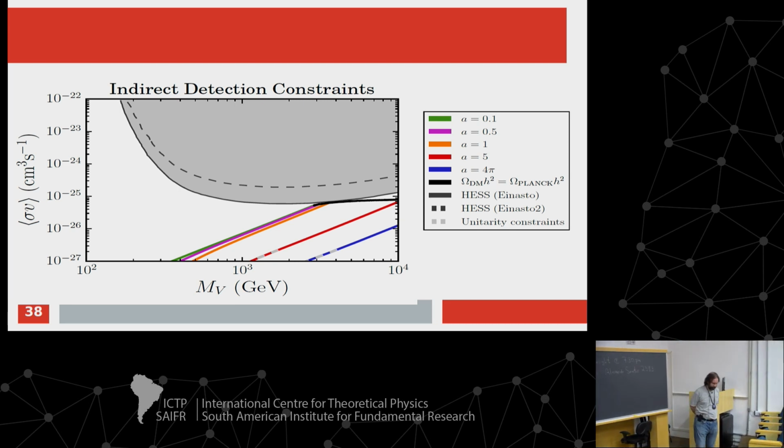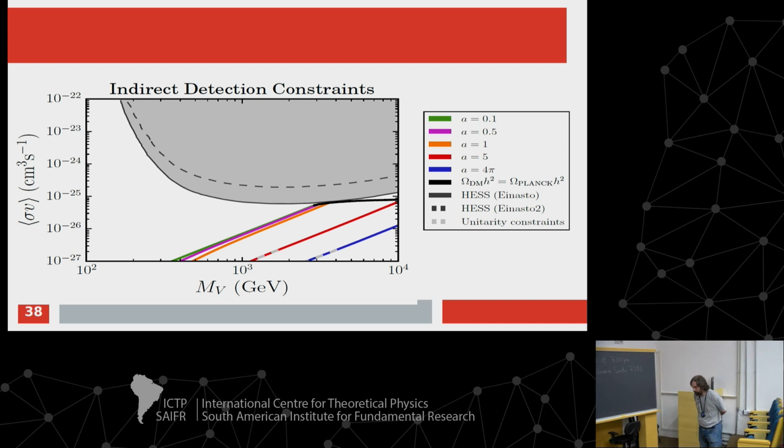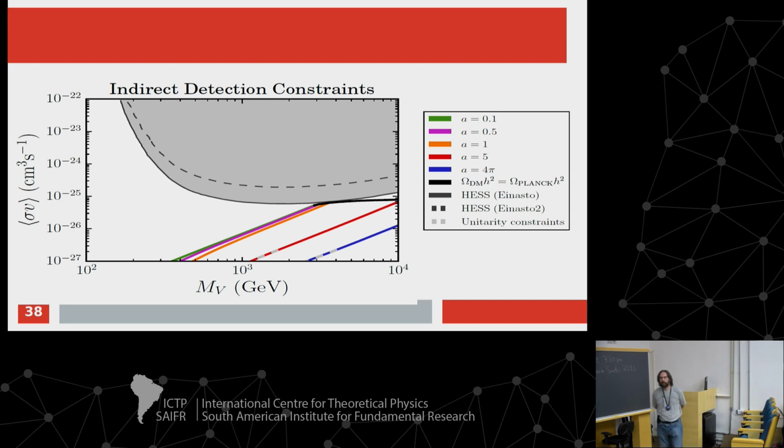Because we just expect this to be in the propagator, so it should just decrease, right? Yes. Let me see. I'm not so sure.